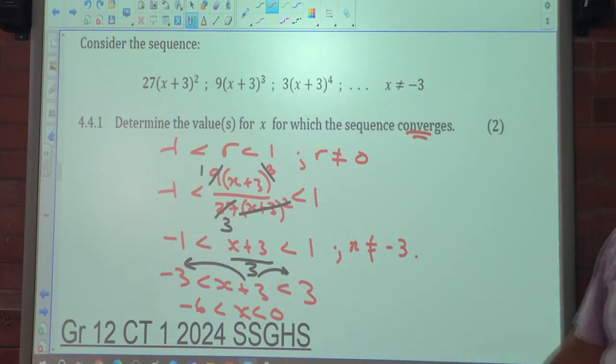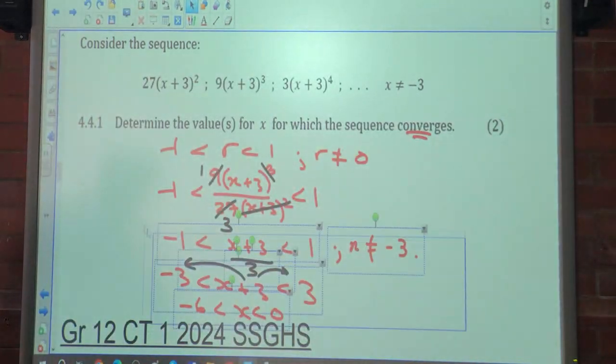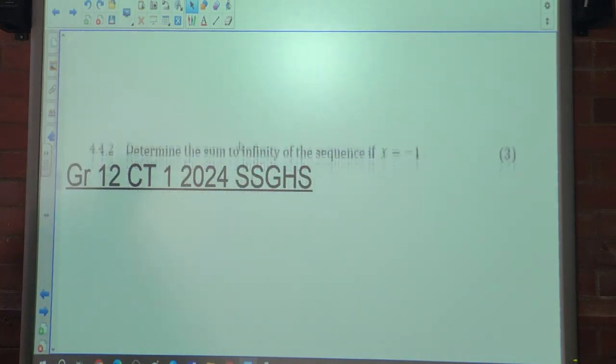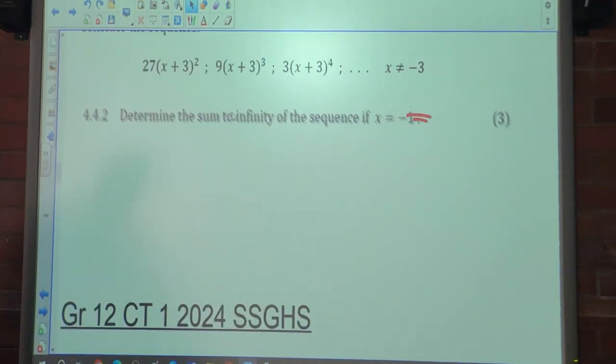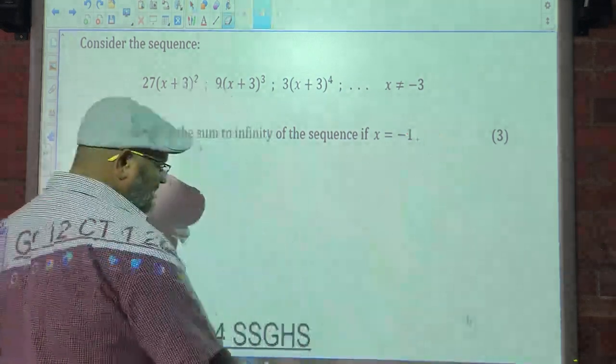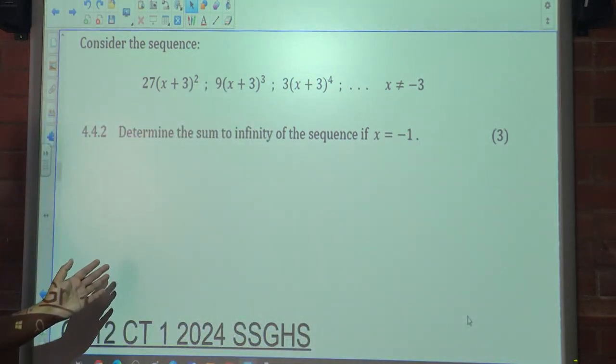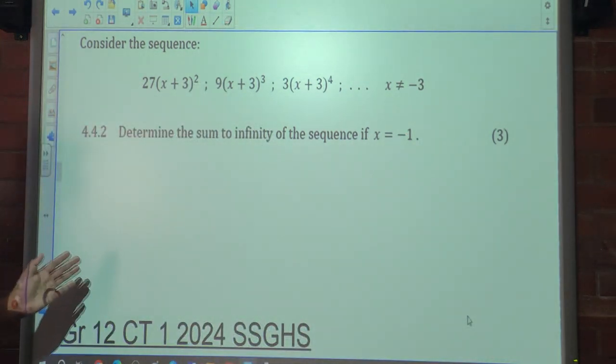Do you guys understand? Then the next question says, determine the sum to infinity of the sequence when x is equal to negative 1. Is negative 1 between negative 6 and 0? Makes sense.